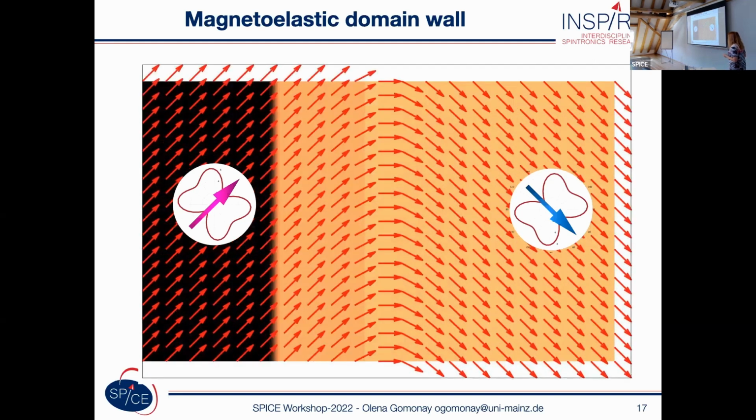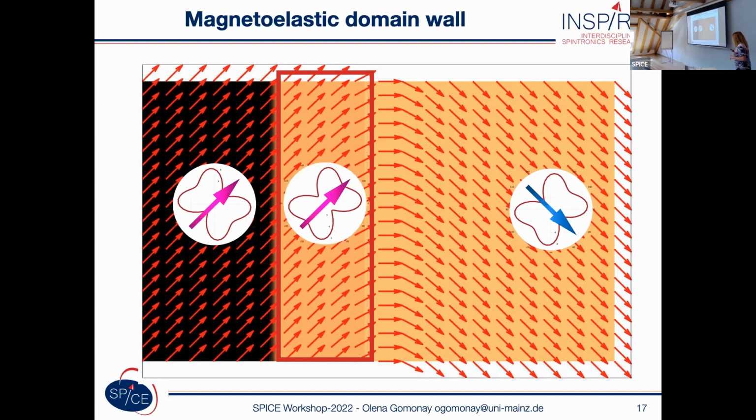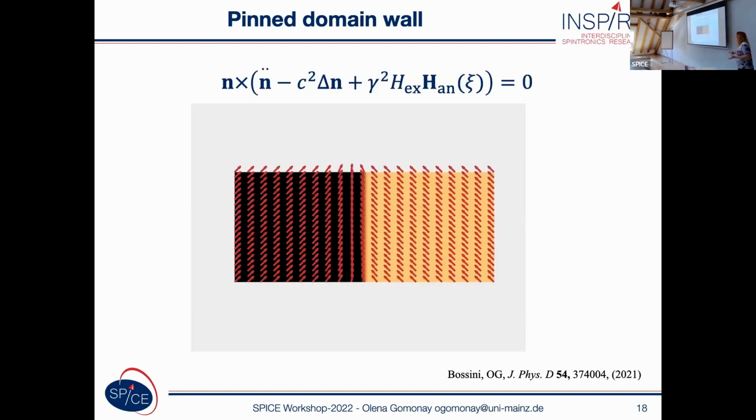So when we shift the magnetic domain wall with respect to the elastic system, part of the sample will be in the state where the magnetic moments point into the heavy direction. And this costs energy. In other words, the domain wall in this case will be pinned by the magnetoelastic interactions and will oscillate around its initial state.